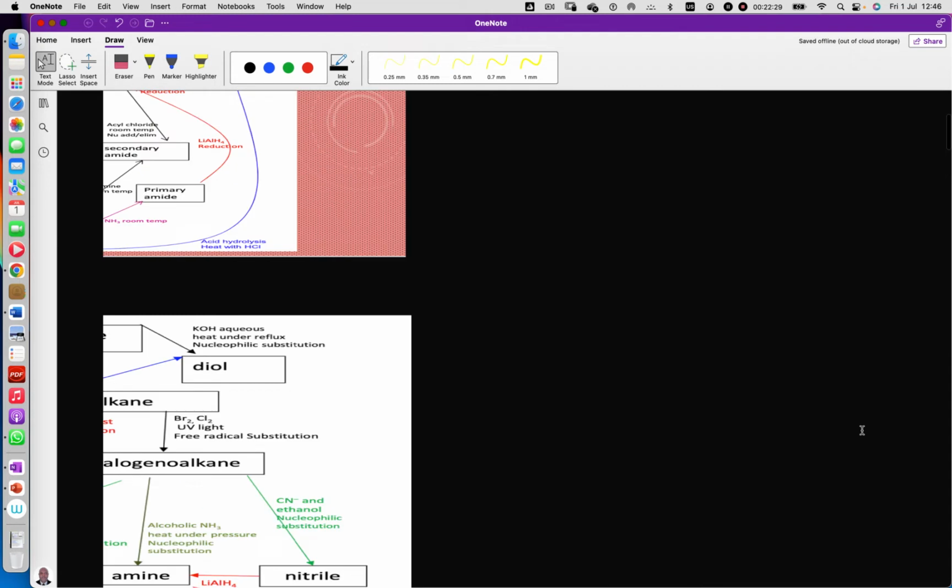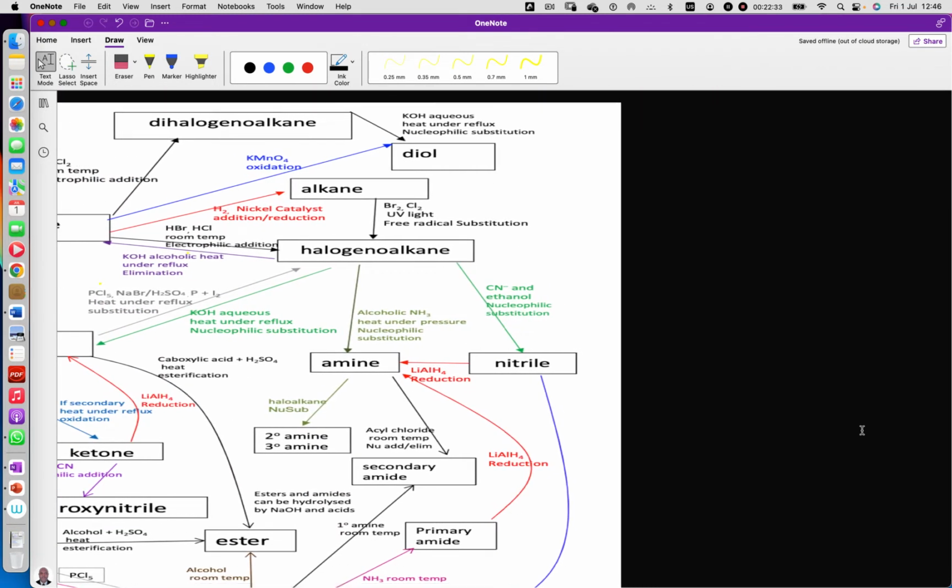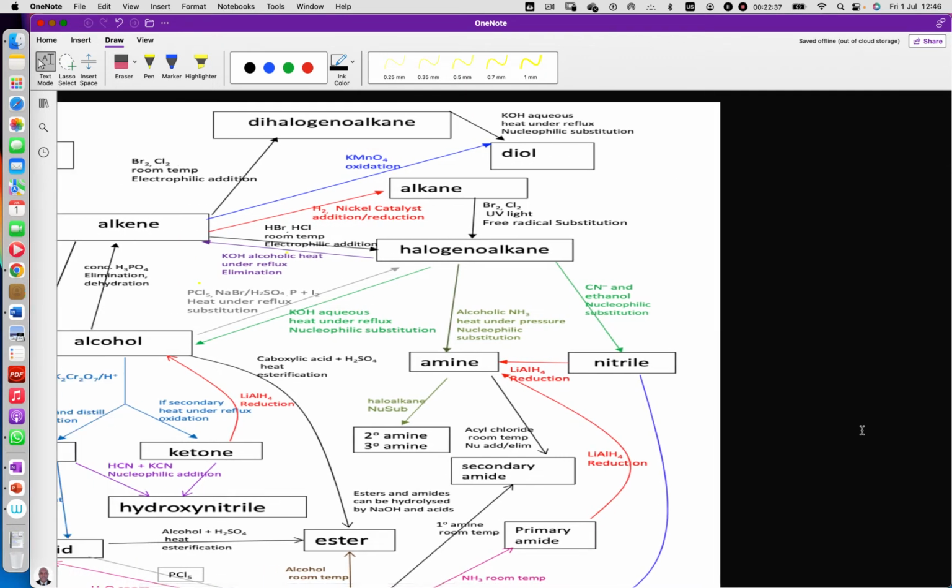Okay, now diol. How do we oxidize an alkene? Let's take an example of the alkene to be ethene. We are still going to be using ethene, with cold and dilute acidified potassium manganate 7 at room temperature and pressure.